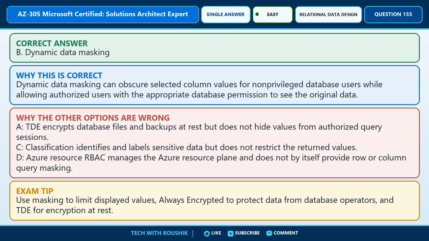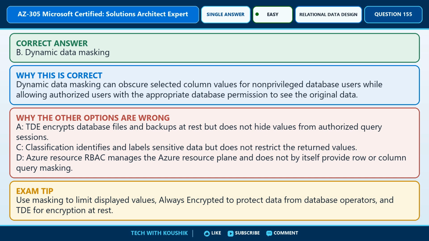The appropriate choice is option B, dynamic data masking. The reasoning is as follows. Dynamic data masking can obscure selected column values for non-privileged database users while allowing authorized users with the appropriate database permission to see the original data. The alternatives can be eliminated because A. TDE encrypts database files and backups at rest, but does not hide values from authorized query sessions.